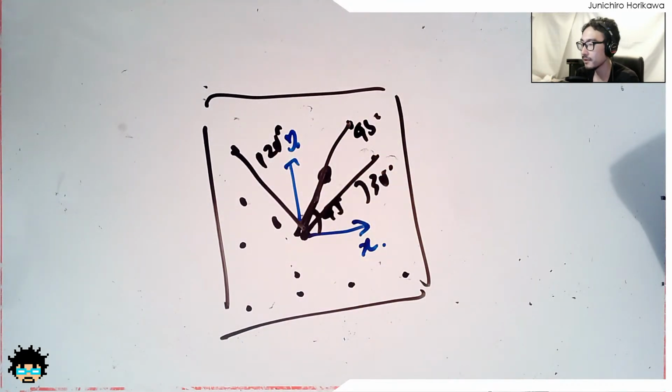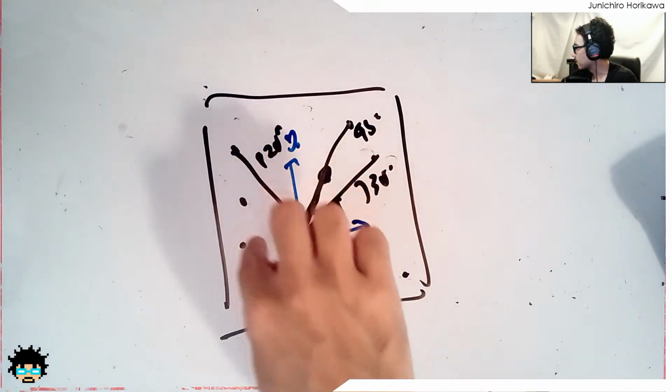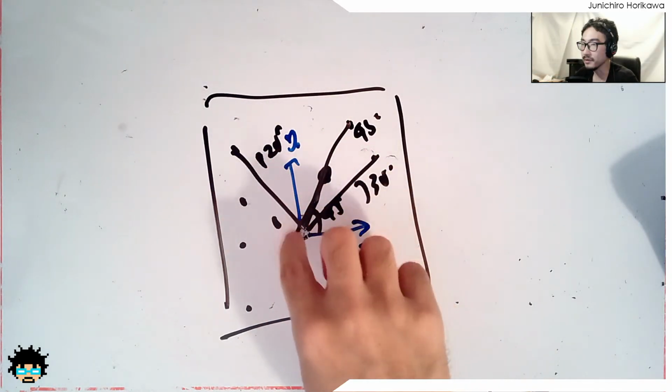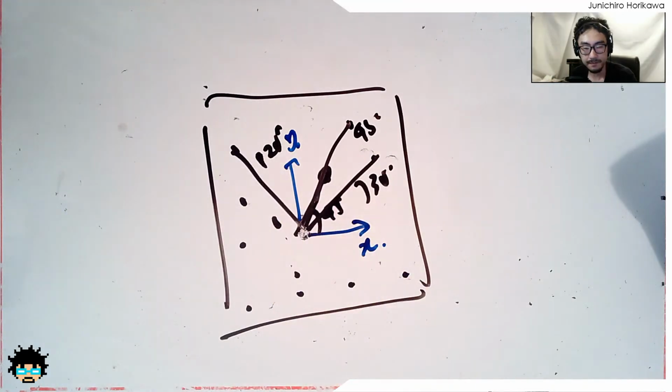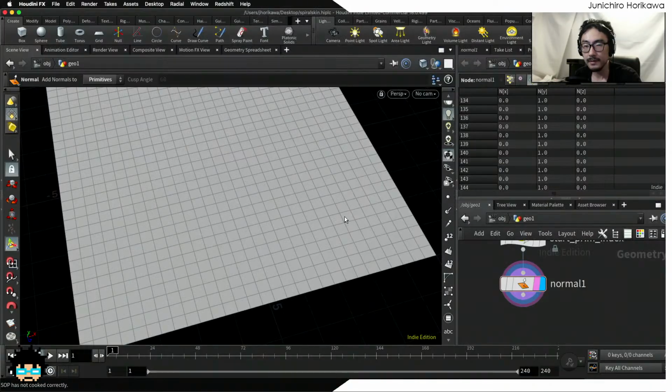So for each point on a grid, you want to find the angle value based on the center point that you have right here. And we're going to use this angle value as a shifting value to shift the sine wave and actually create a spiral wave. So those are the two values that we want to retrieve out of this center point.